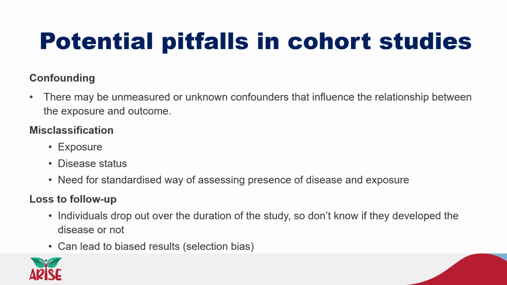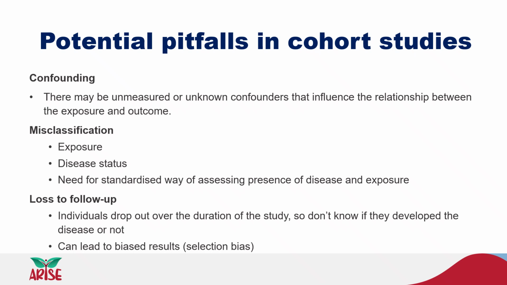There are a number of potential pitfalls in cohort studies. First, there is confounding. Even with efforts to control for confounding variables, there may still be unmeasured or unknown confounders that influence the relationship between the exposure and the outcome. Second, unlike randomized controlled trials or experiments, exposure in cohort studies is determined by a non-random process.